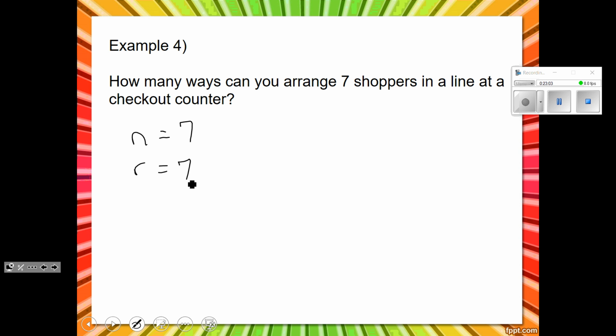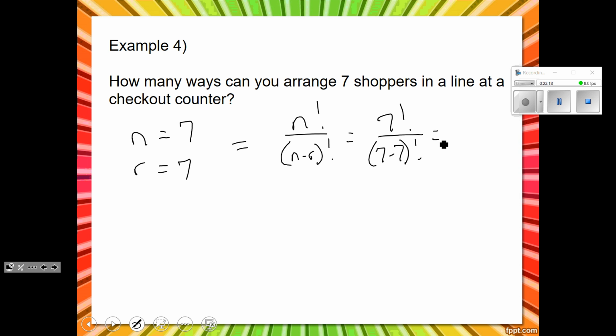So this would be n factorial over n minus r factorial. So n factorial is 7 factorial over 7 minus 7. And what is 0 factorial? So this is really just 7 factorial divided by 1, which is just 7 factorial.